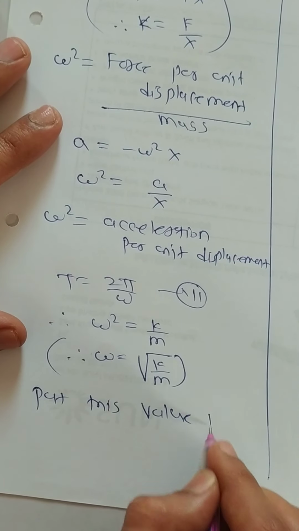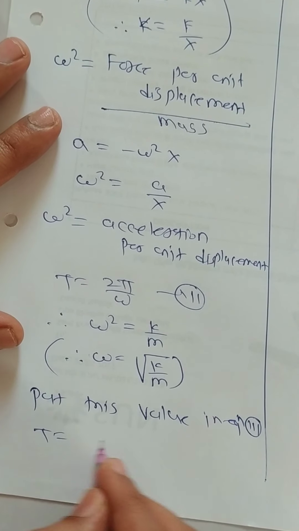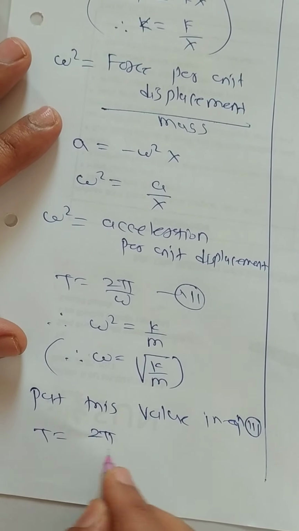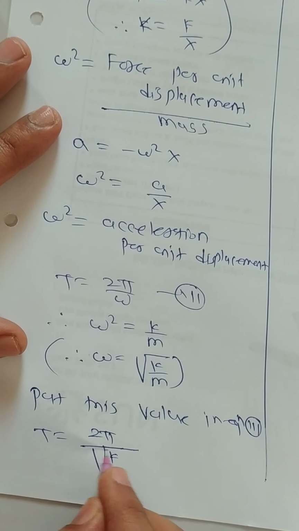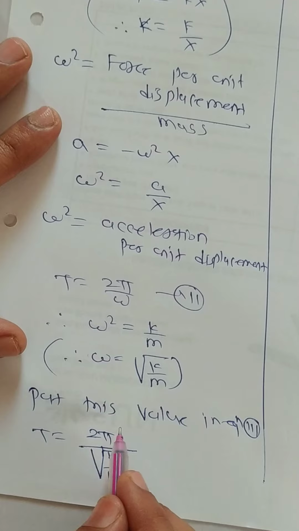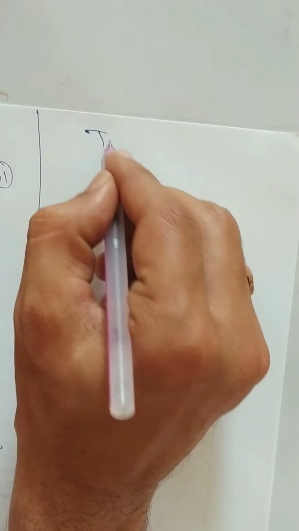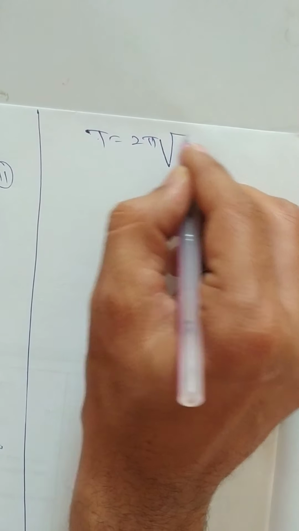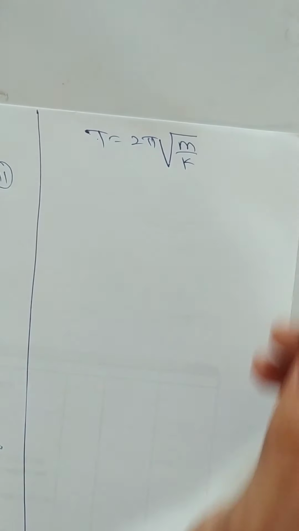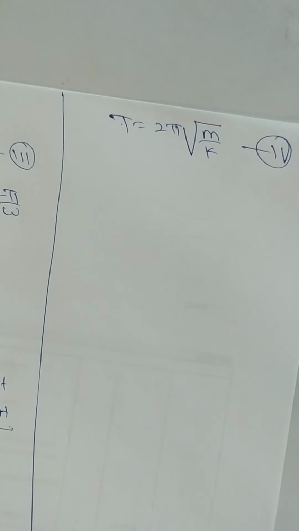So T is equal to 2 pi upon under root of k upon m. So this m will go to the numerator, and T is equal to 2 pi under root m upon k. This is the required equation for period.